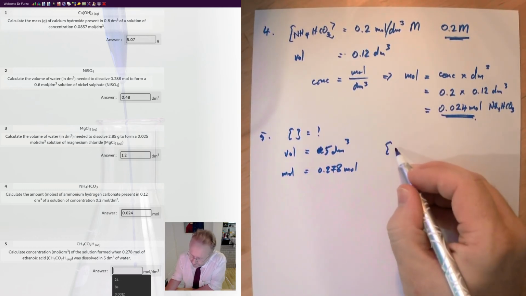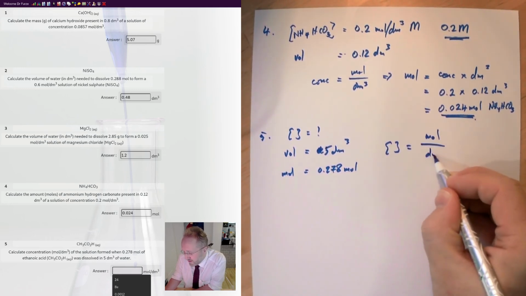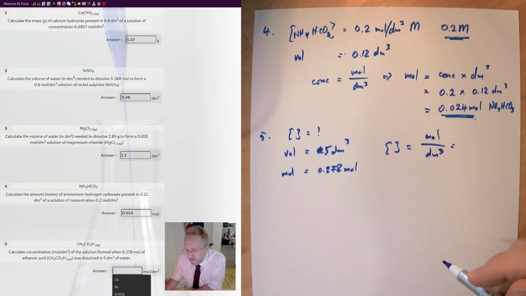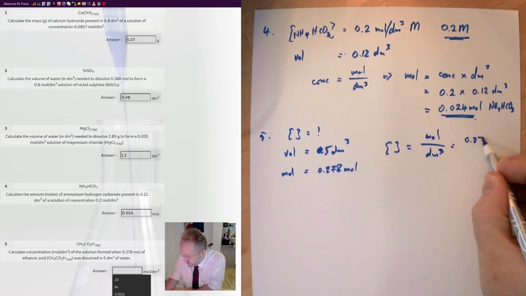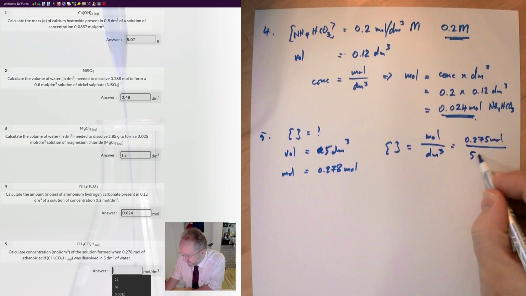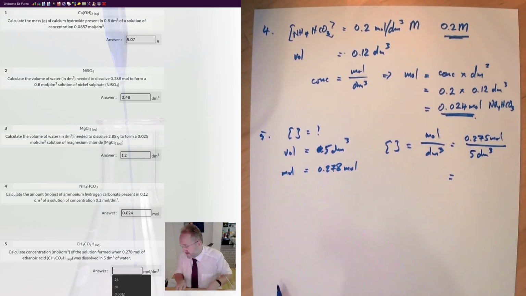So what is concentration? Concentration is equal to moles per decimeters cubed. So we just put those numbers in, and we get 0.278 moles divided by 5 decimeters cubed.